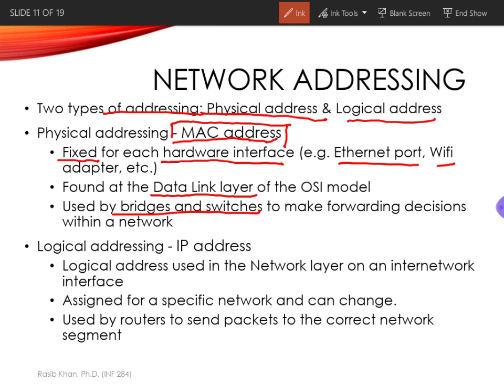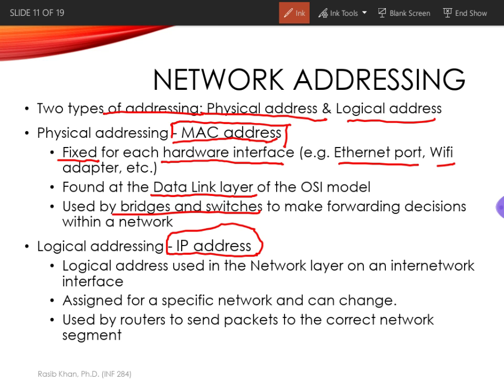On the other hand, logical addresses, commonly known as the IP address, I'm pretty sure you have come across this term. It is called a logical address because this can basically change depending on which network you're connected to.